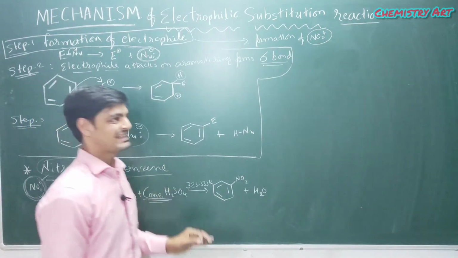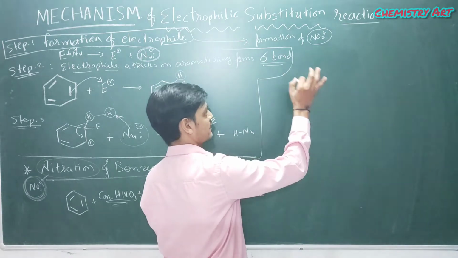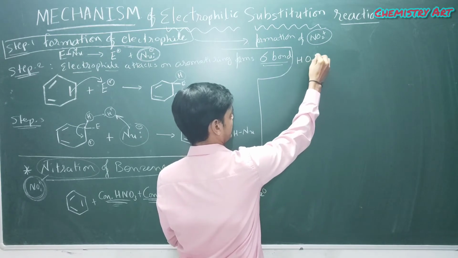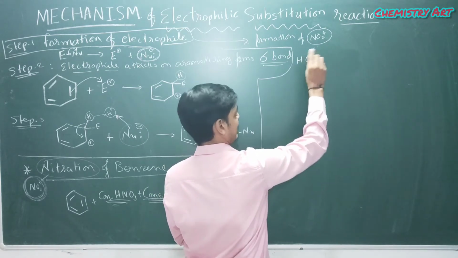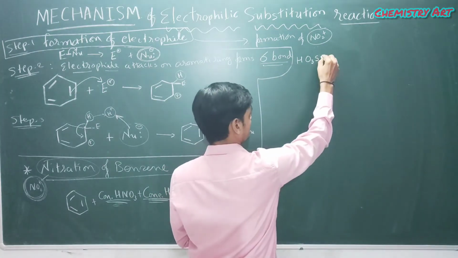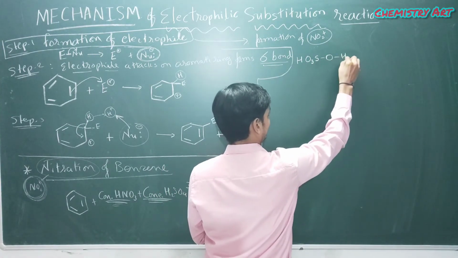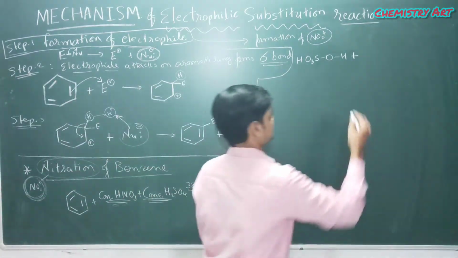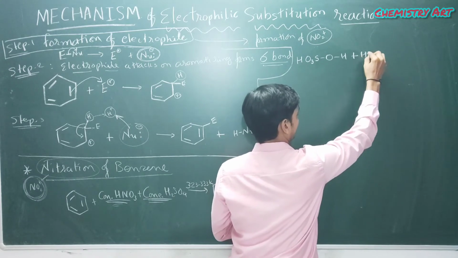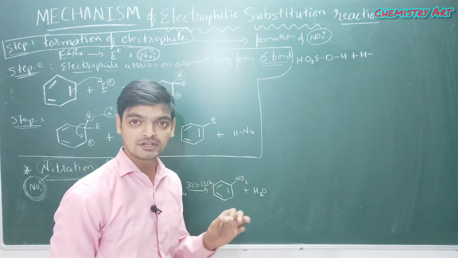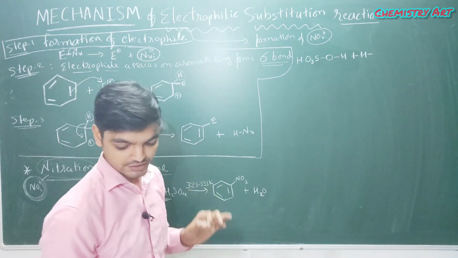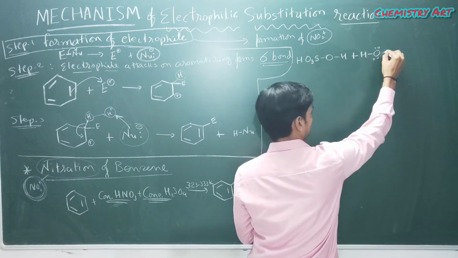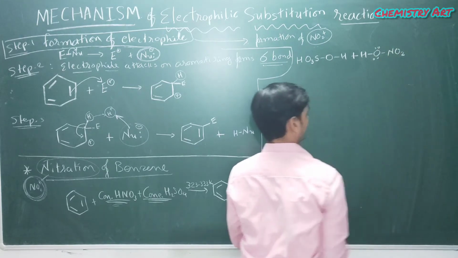Here I can write H2SO4 like this, plus HNO3. The nitrogen has a total of 3 oxygens. One oxygen I am writing here with its lone pair of electrons, and this is NO2.